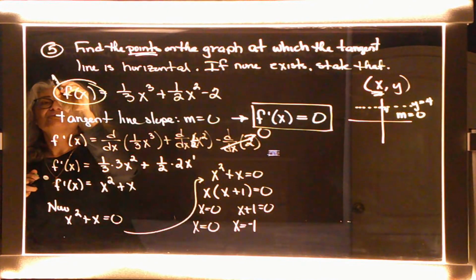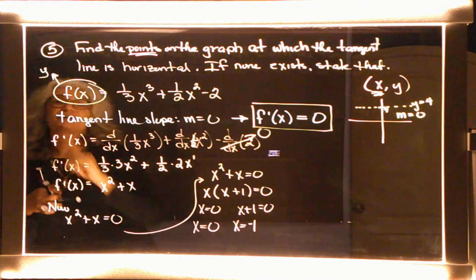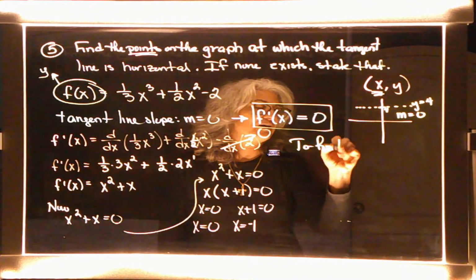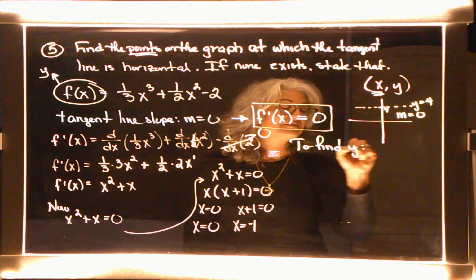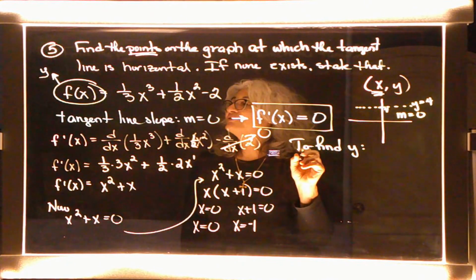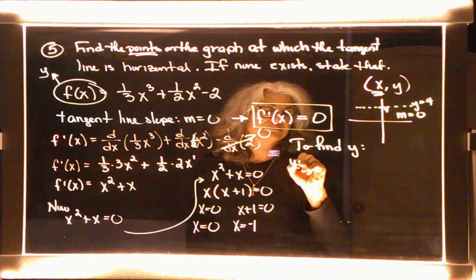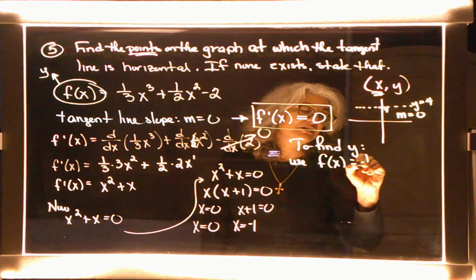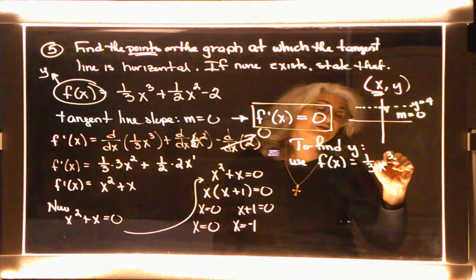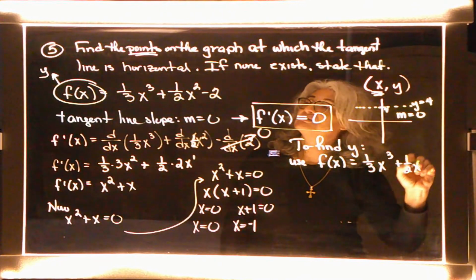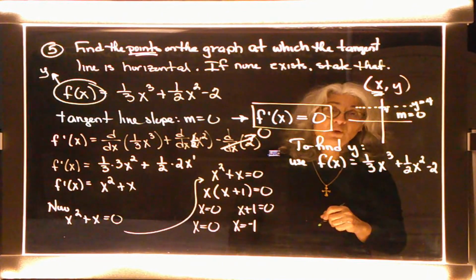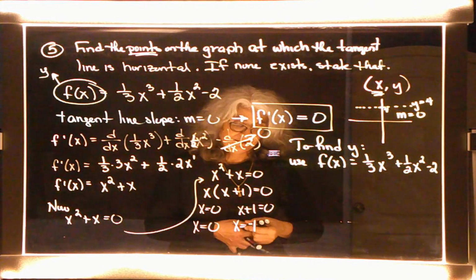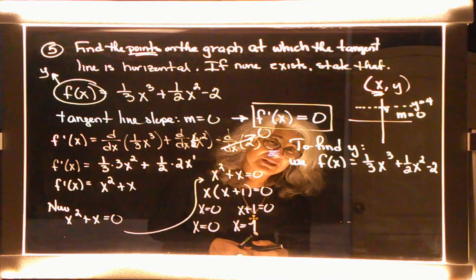This is another way of saying y. So, to find the y's, we have to use the original function, because the original function is the y. Got it? Are you with me?